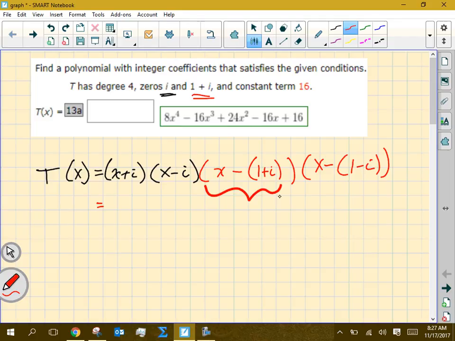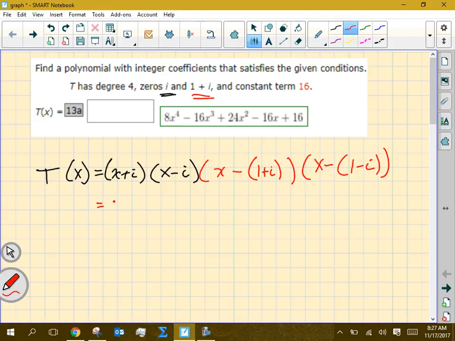We don't get conjugates, okay? Even though this portion here and that portion there are conjugates, the 1 minus i and the 1 plus i, when I go x minus those, that does not create conjugates. Does that make sense? So everything I've got written in red are not conjugates. But it does make sense to multiply those together. It's real nice to multiply these together.